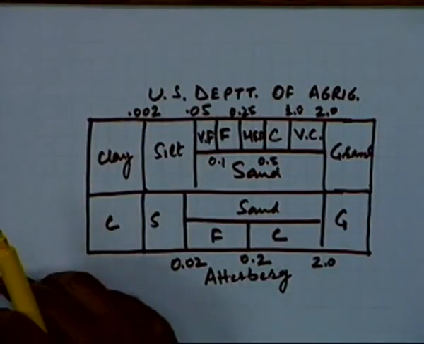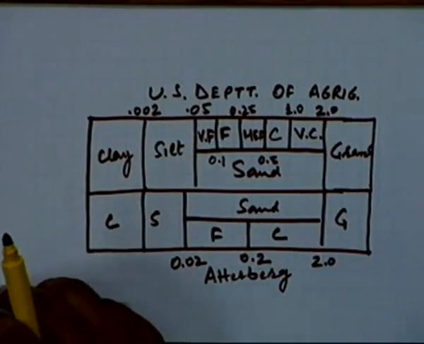And there are many more complicated classifications. Later on, the US Department of Agriculture came out with a much more diversified classification, which had the soil classes divided into 12 different subgroups.